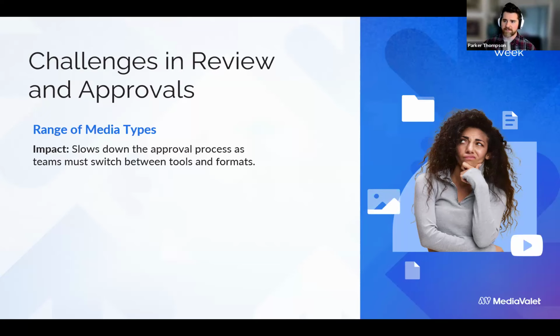So the impact here at best means that this extra unnecessary work is required to make sure that the reviewer feedback is being applied to the correct version. But at worst, this kind of confusion could actually lead to errors and inconsistencies in your final product.